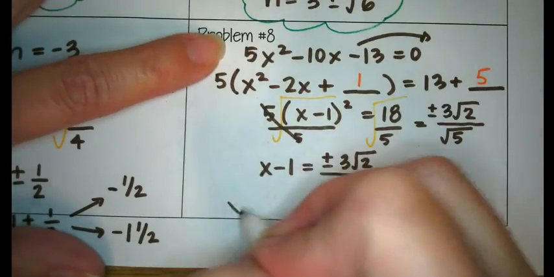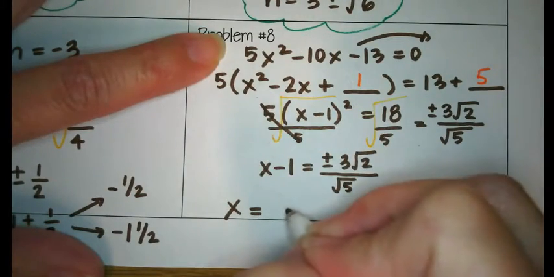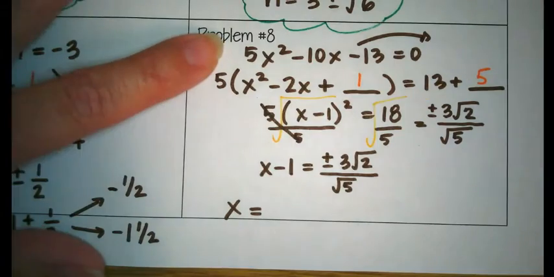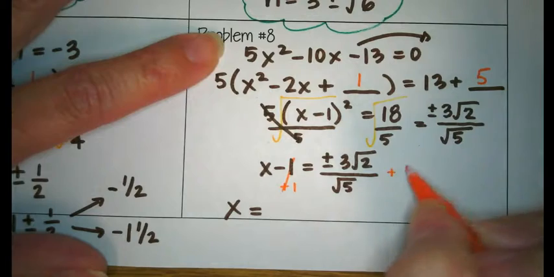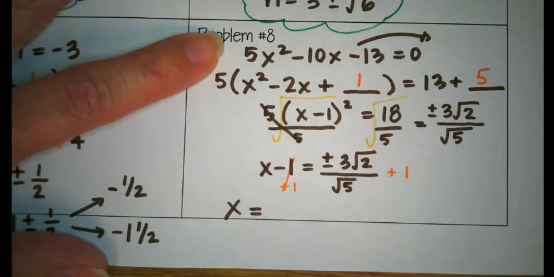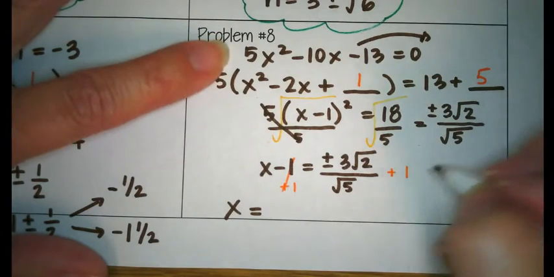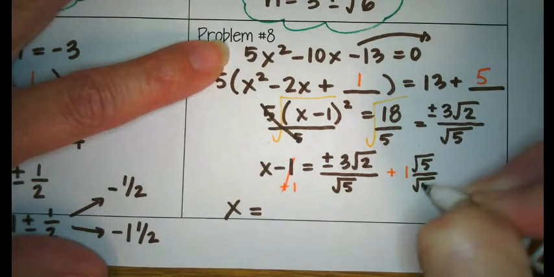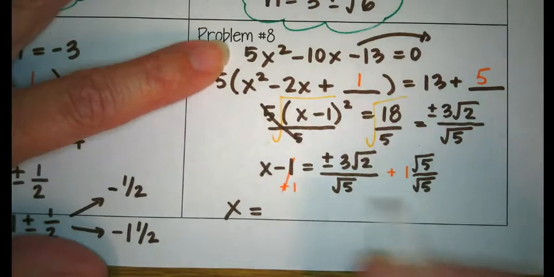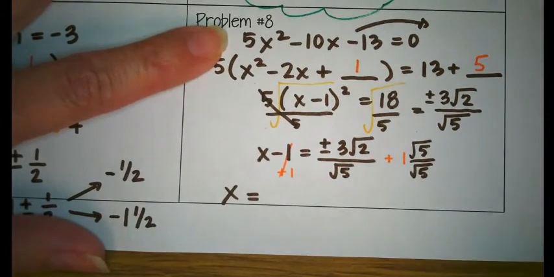So here's the deal. I'm adding 1 to get that to cancel. So when I add the 1 over here, I'm going to add it as a square root of 5 over square root of 5, so that I have a common denominator down here. Because square root of 5 over square root of 5 is the same as 1.